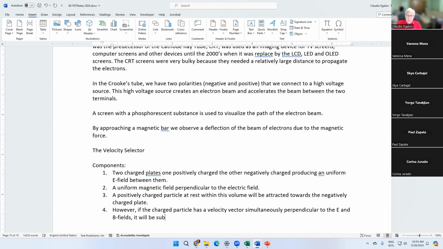It will be subjected to an electric and magnetic force.